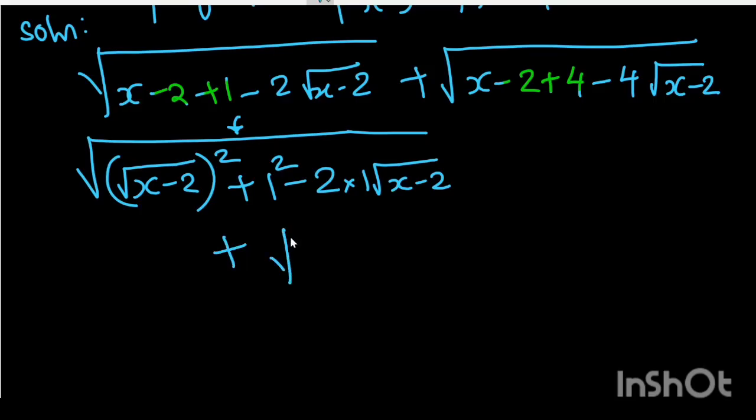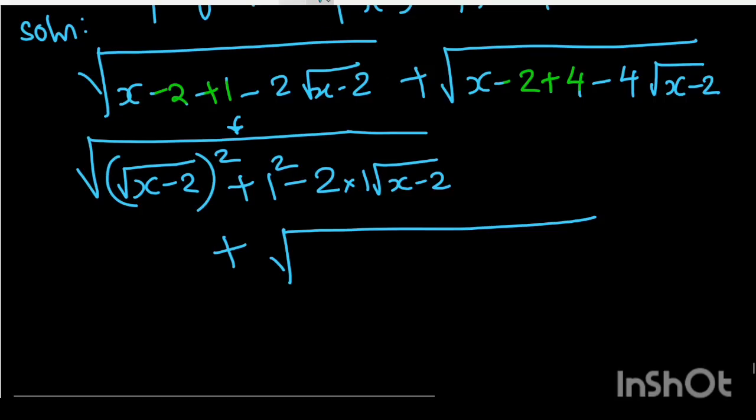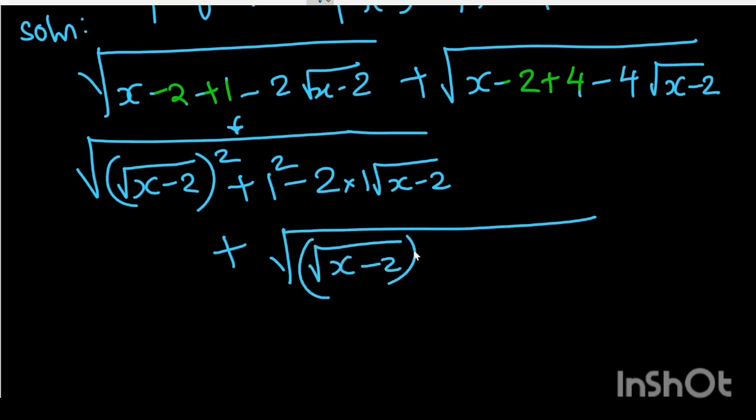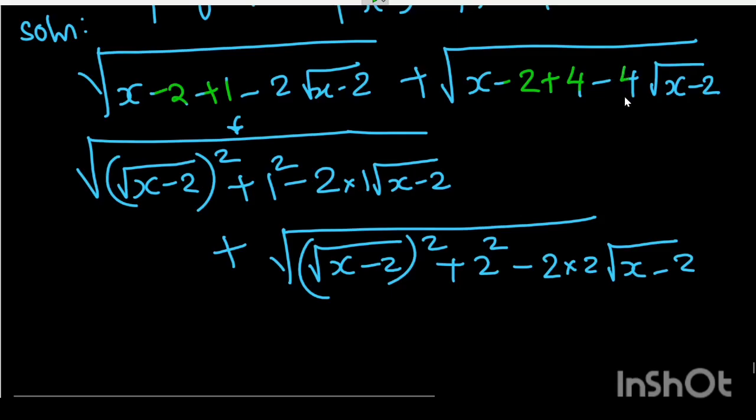Plus under root of the second term. The second term, x minus 2, we can write again as under root of x minus 2 whole square, and 4 is written as 2 square, minus 4 under root x minus 2 is written as 2 into 2 under root x minus 2. So this 4 we have written as 2 into 2.